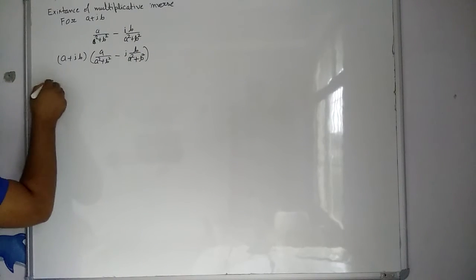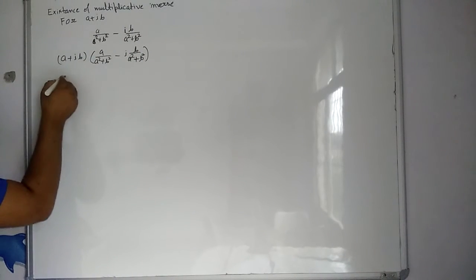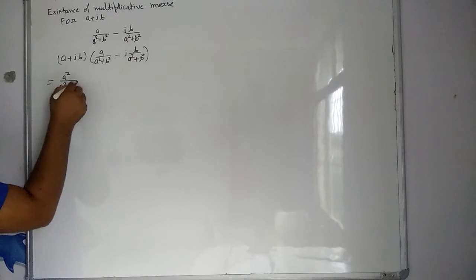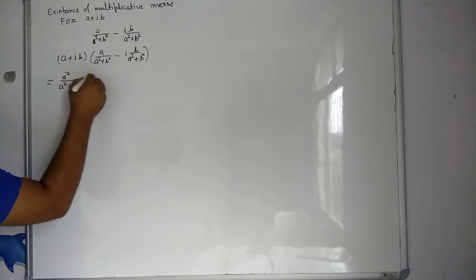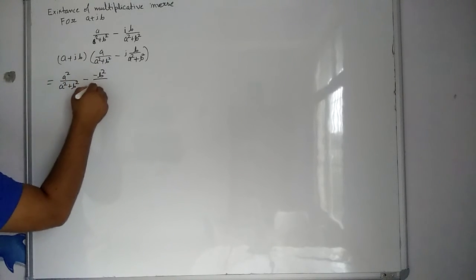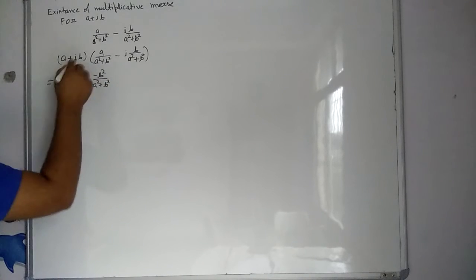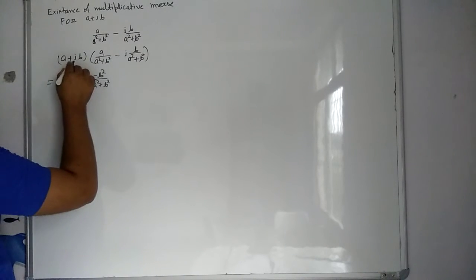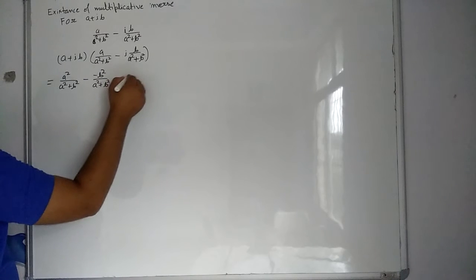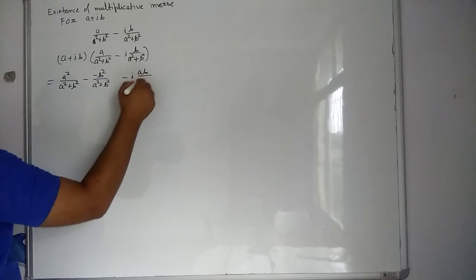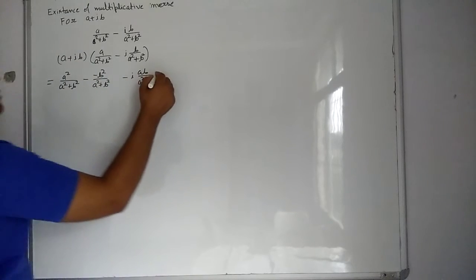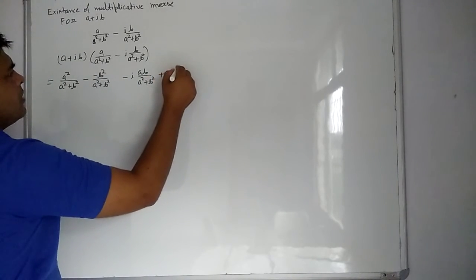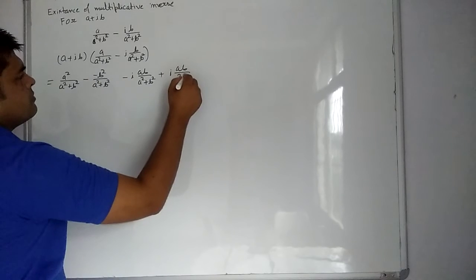So after multiplication, you are going to get real into real, a square by a square plus b square, and imaginary into imaginary, minus b square upon a square plus b square, and then real into imaginary, that is a into minus iota ab upon a square plus b square, and then imaginary into real, that is plus iota ab upon a square plus b square.